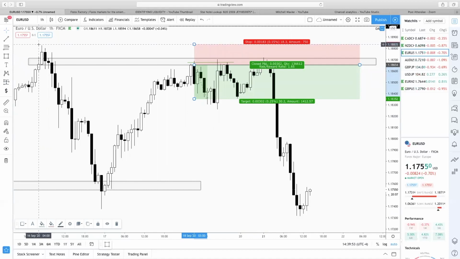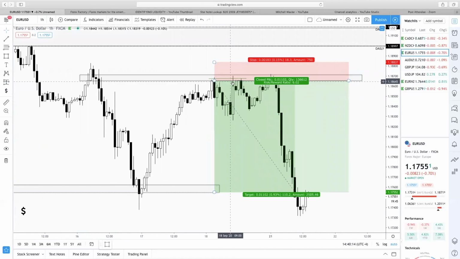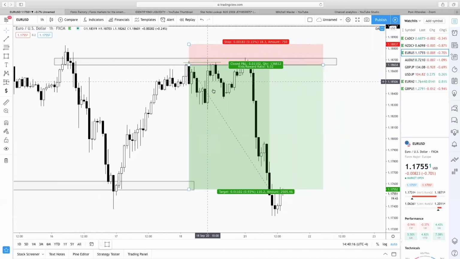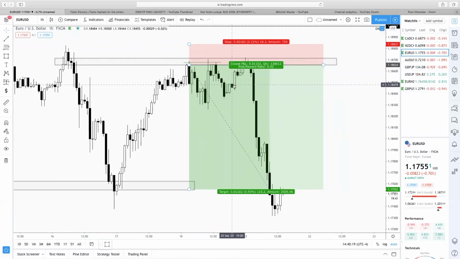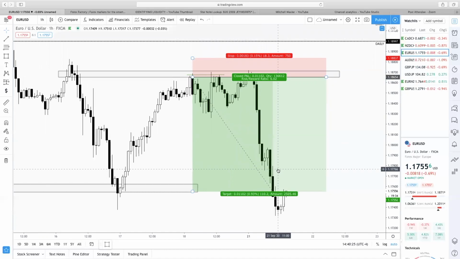So right above the wick, we're looking at about an 18 pip stop loss. Take profit is going to be down in here, about 110 pips. So we had relative equal highs, getting people excited for the sell, but the market ultimately just continued to push up to take all the money it needed before tanking down to the downside.